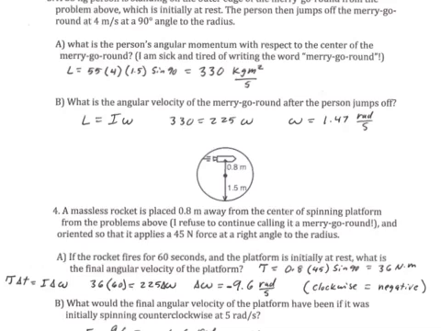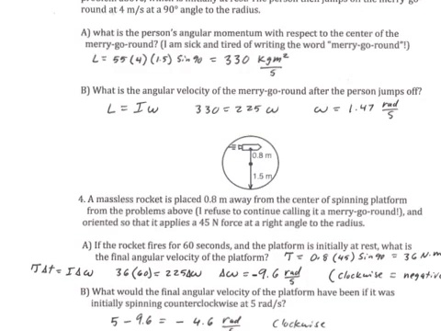So first we need to figure out what is the torque that this is placing on the system. So the torque, if you recall, is equal to force times radius times sine theta. So the force is 45 times the radius times sine of 90 gives us 36 newton meters of torque. Now what I'm going to do then is I'm going to use the angular equivalent of the impulse equation.